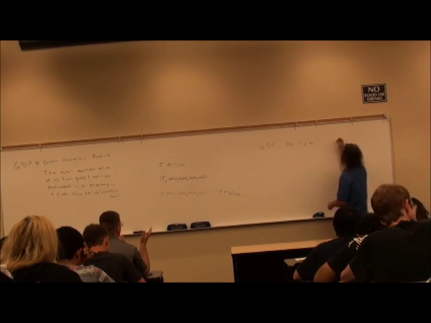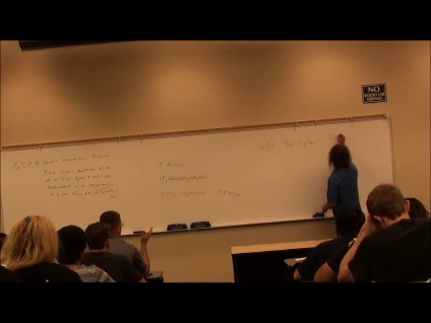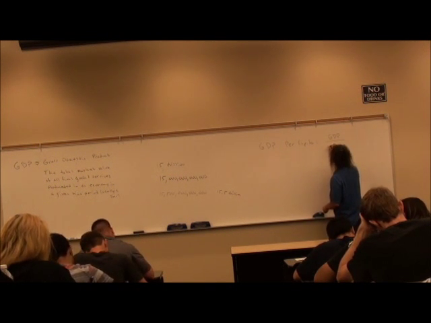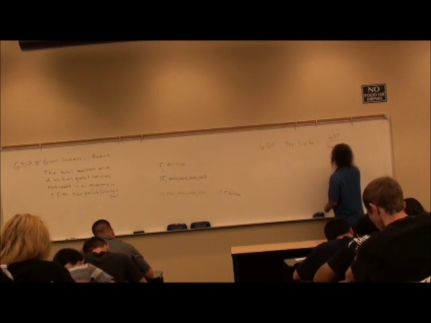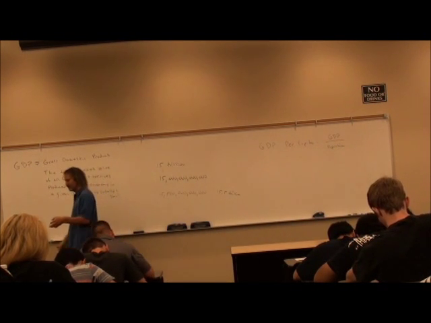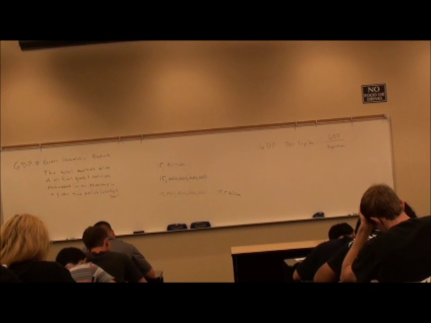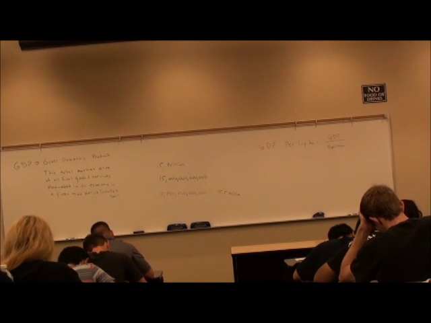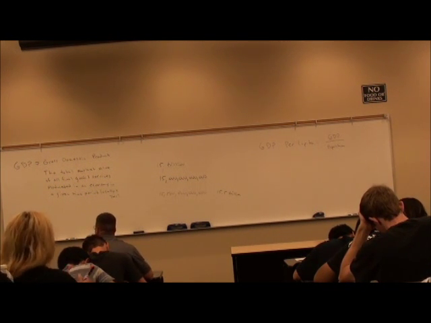GDP divided by however many people there are. Great. GDP divided by the population. Fantastic. So GDP per capita is a measure of what each individual would get if we took GDP and sliced it evenly amongst everybody in the population. So everybody would get the same slice.